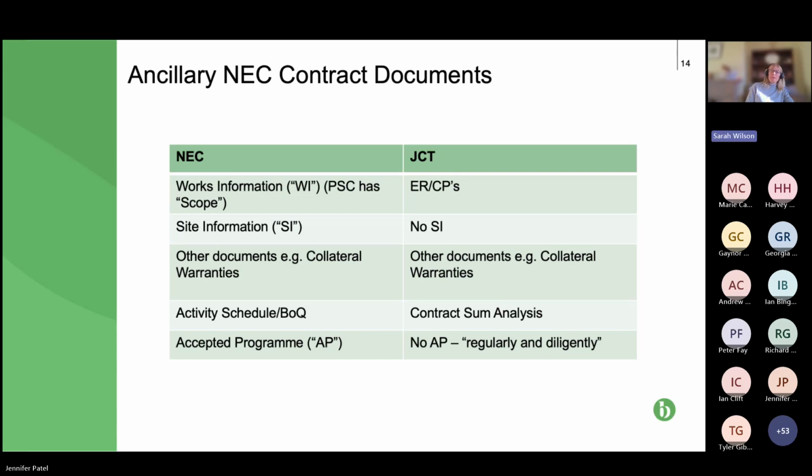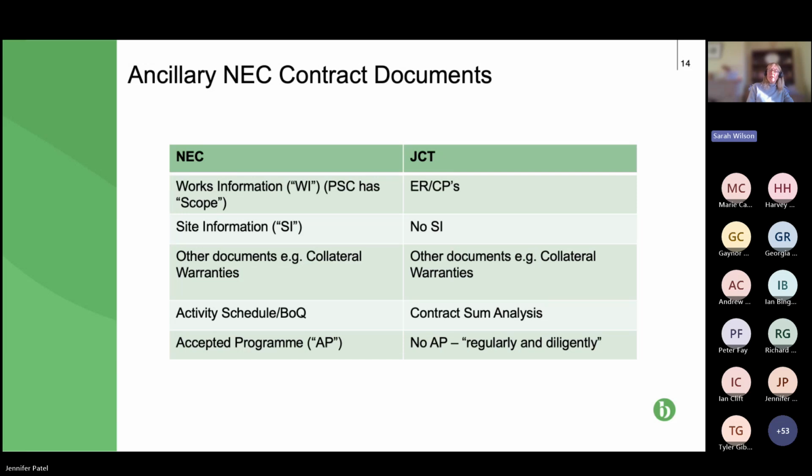So it's a completely different way of pricing extras and extra time. And if the contract sum analysis doesn't contain any reference to bricks because they're not needed except for the changed work, then you refer to what's generally a reasonable rate.